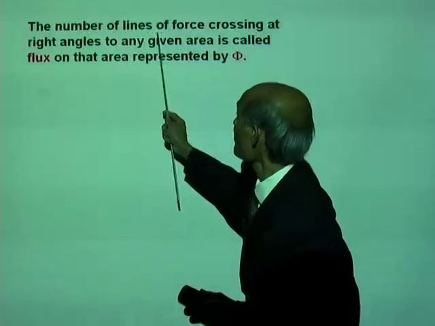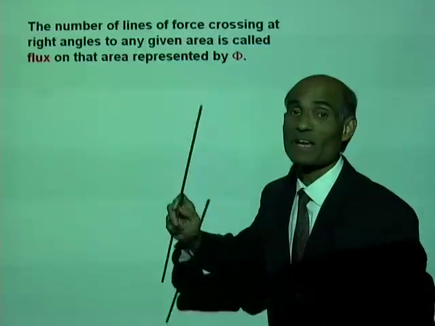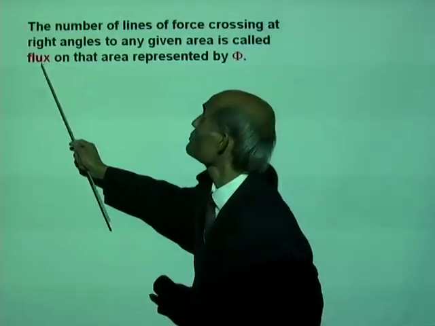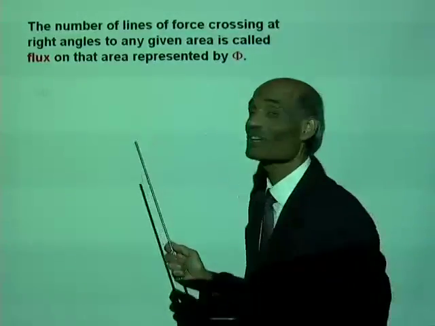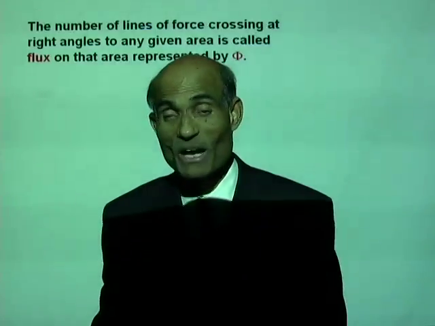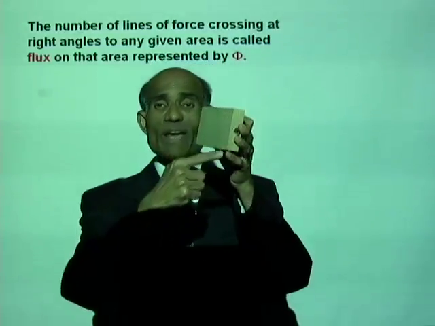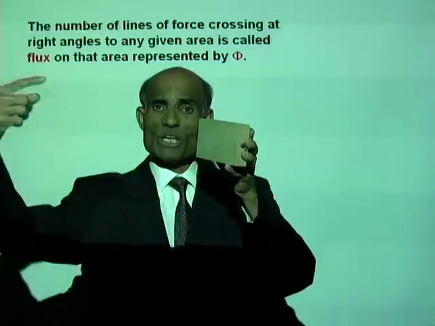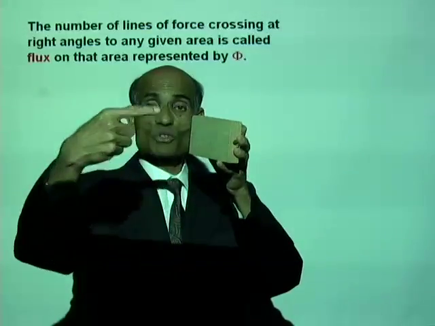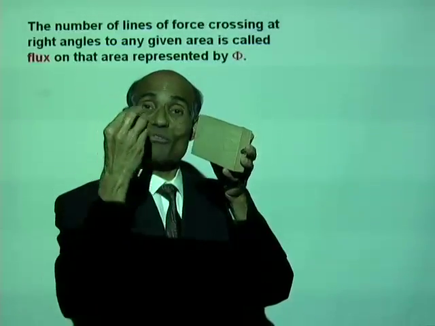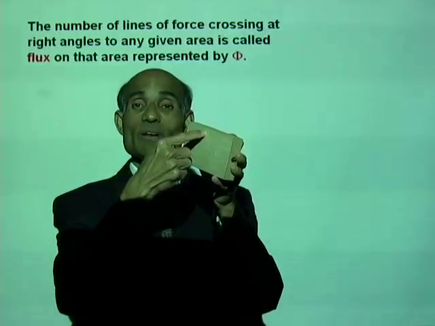Well, the number of lines of force crossing at right angles to any given area is called the flux crossing that area. The flux crossing that area. So, if I have a total area A here, the number of lines of force crossing that whole of that area is called the flux crossing that area.